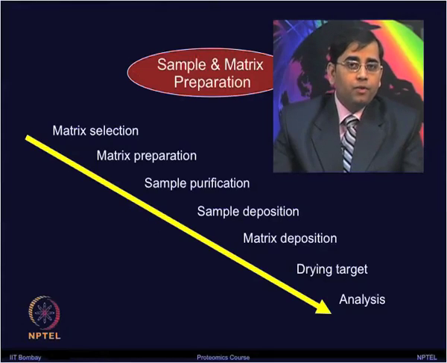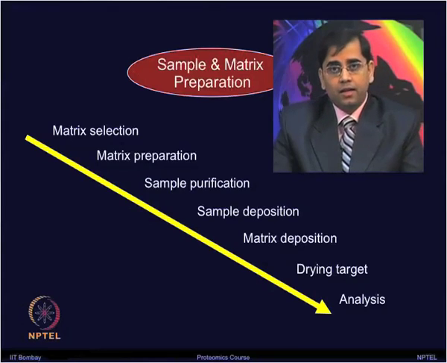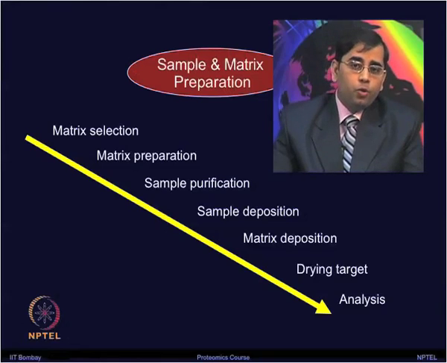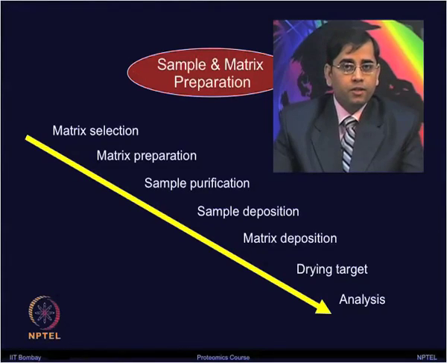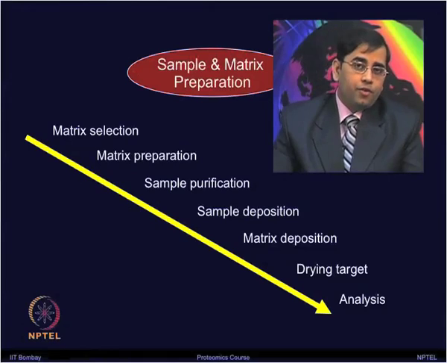Either you can mix with the matrix or you can do these two separately. There are various combinations one can try. And then once both sample and matrix are deposited on the MALDI target plate, you are ready to do the drying, and then the plate can be used for the MALDI TOF instrument for further analysis.